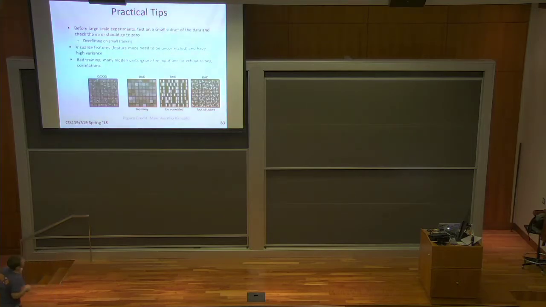Okay, practical tips. Let's say you design a neural net. Let's say you're just done with designing it. It's usually the case that programs are buggy, right? All programmers know that the first time you run a program, it probably contains a bug, right? A good way to check this is actually using overfitting.